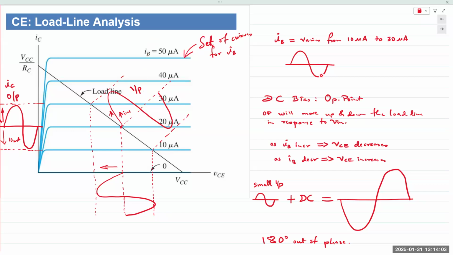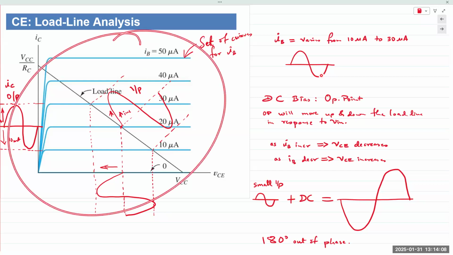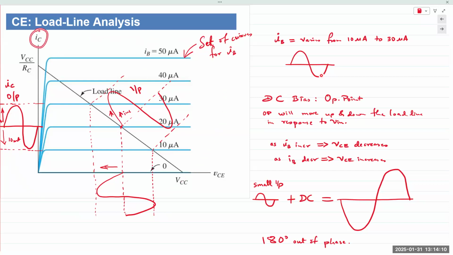Okay. On the output side, now this is the output side. The output side is a plot of IC as a function of VCE. But there are multiple data sets.